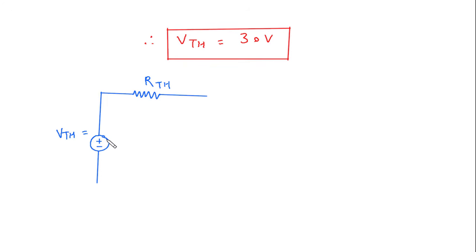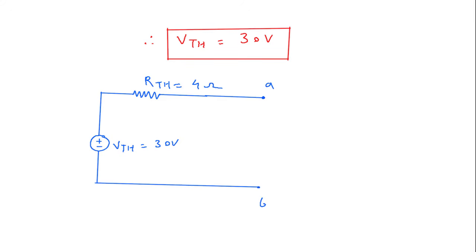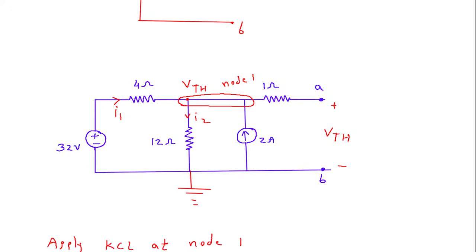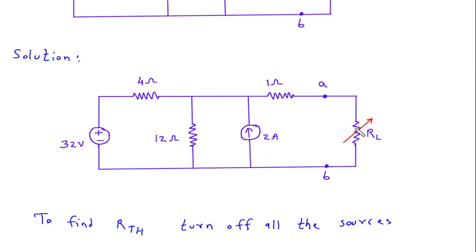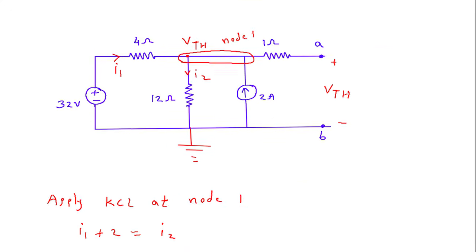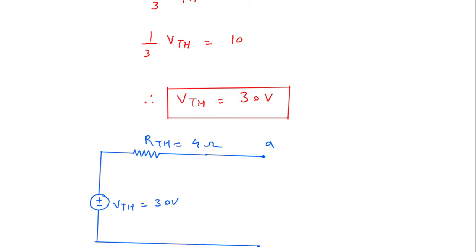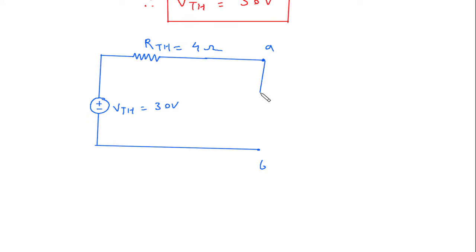VTH is equal to 30 volt, RTH is equal to 4 ohm. And this is terminal A, terminal B. And in between terminal A and B, RL, which is a variable resistor or load resistor. This is RL.